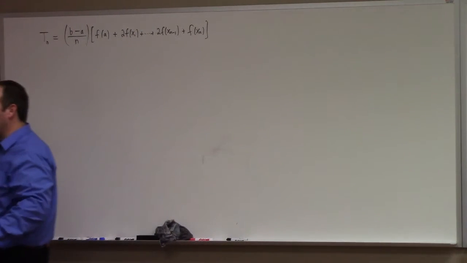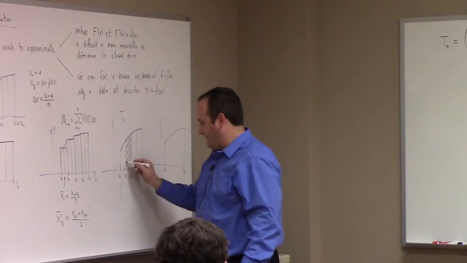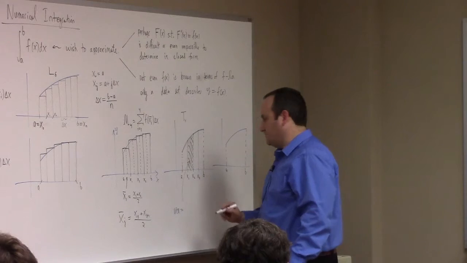How do you calculate the area, say, of this one? What's the area of a trapezoid?